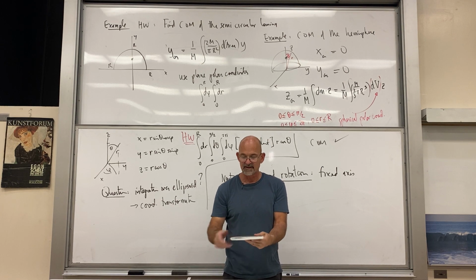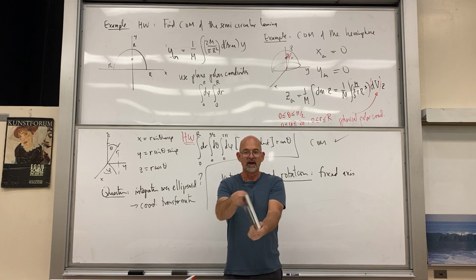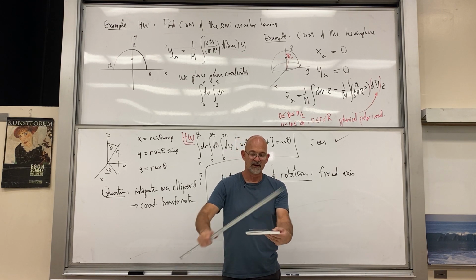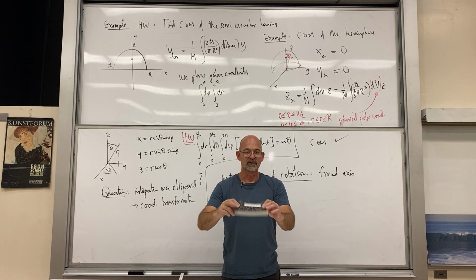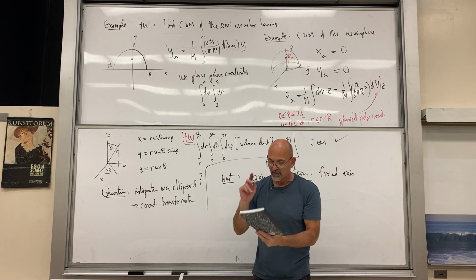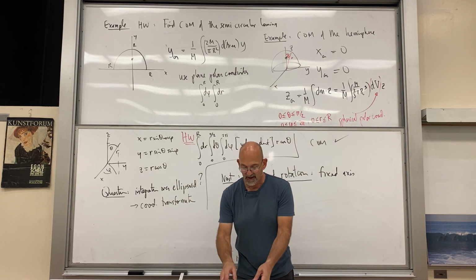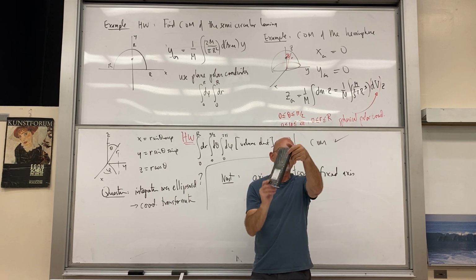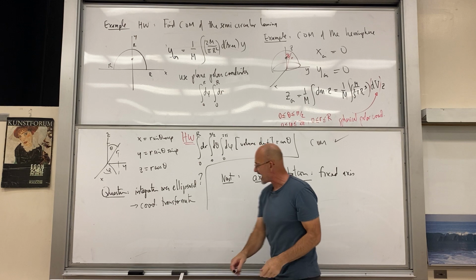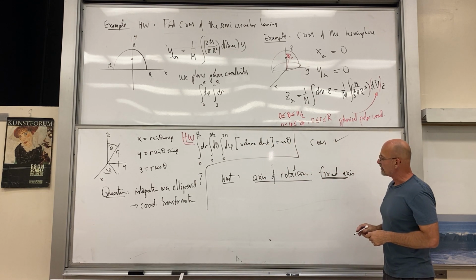I could have an axis of rotation down the middle of it, and turn it this way, and I could have an axis of rotation this way, turn it this way. We'll start with the fixed axis. So that axis cannot move. If I give this thing a toss, it can tumble around, and that makes things more complicated. But we're still in the fixed axis, so there's no problem there.